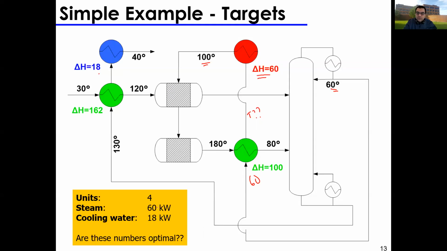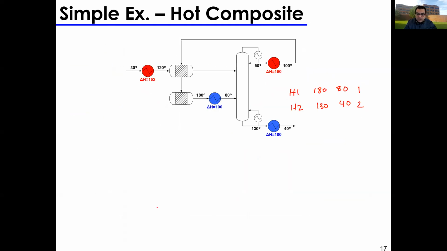Okay, so let's apply what we just said. So what I want to do is plot basically this figure right here. I need to plot T versus Q. So first step, we said we're going to draw lines next to the temperatures. So I have 4 temperatures in this case. I have 40 here, and this is not to scale, just to give you an idea. Then I have 80.